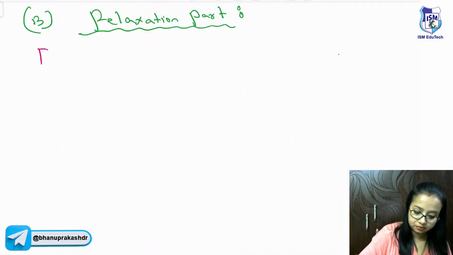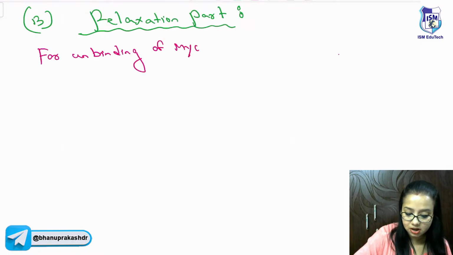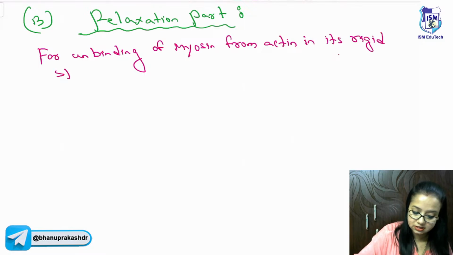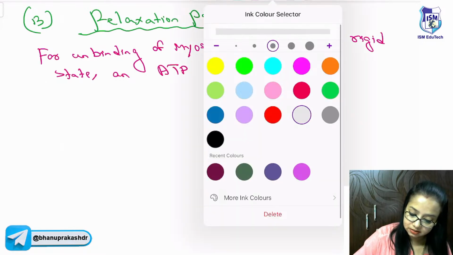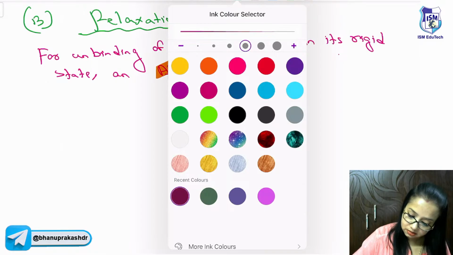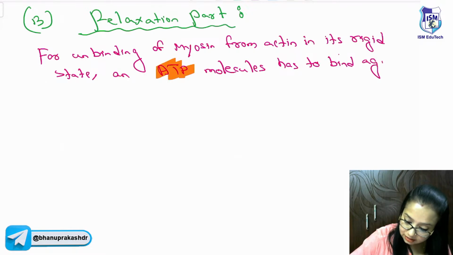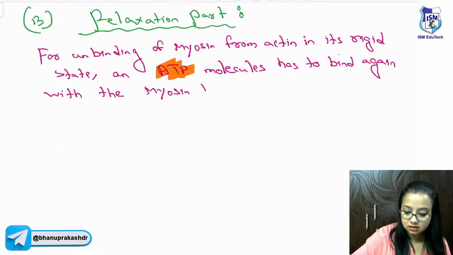For unbinding of myosin from actin in its rigid state, an ATP molecule has to bind again with the myosin head.